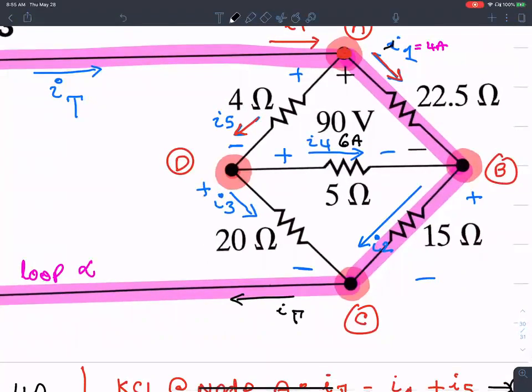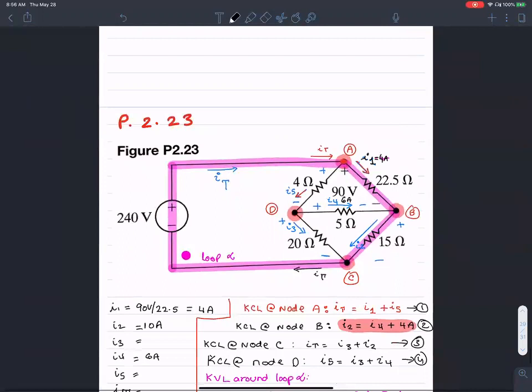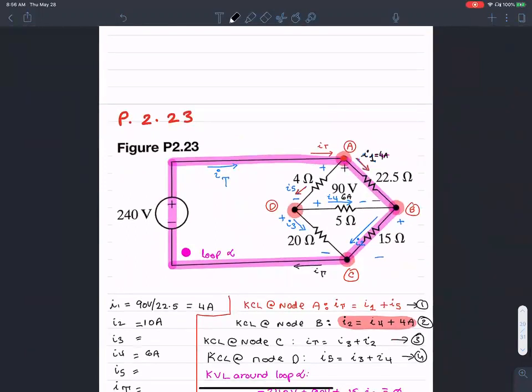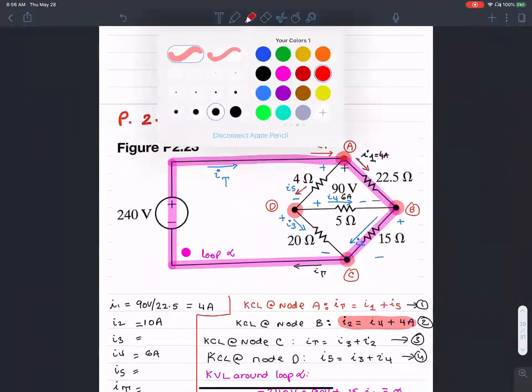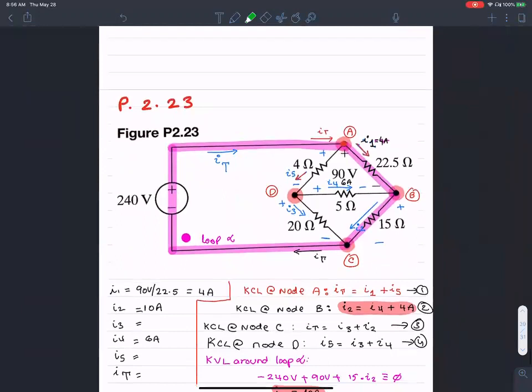And this is known, I1 is 4 amperes. So that part is known. What I'm going to do is probably apply KCL one more time. Yeah, go ahead. I'm sorry.